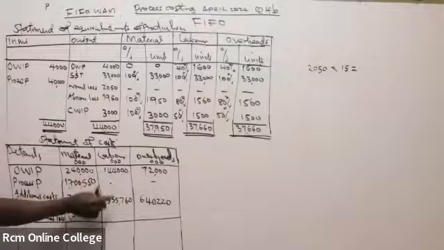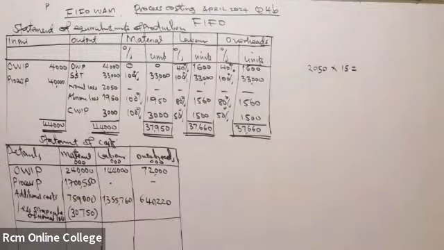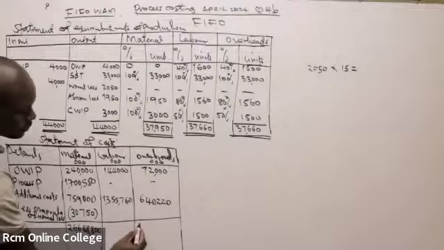Someone to even add these two, give us the bigger figure, then overheads. 26,688,000. Overheads is 712,20.